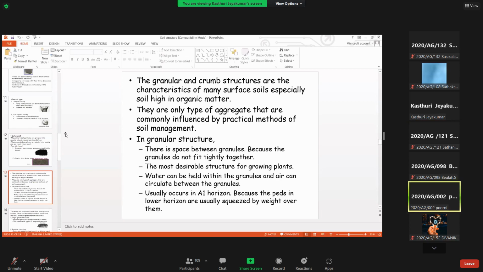Aggregates. Water can be held within the granules. Air can circulate between those granules. Okay, fine. Remember this one also. Okay, you can expect this question in quiz exam.